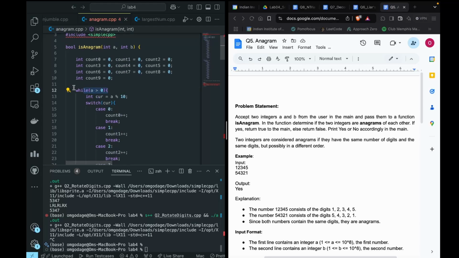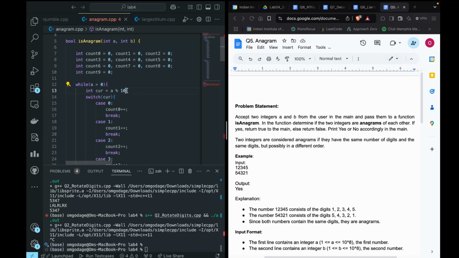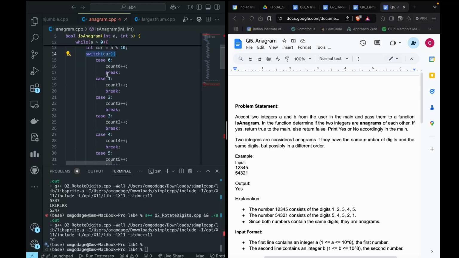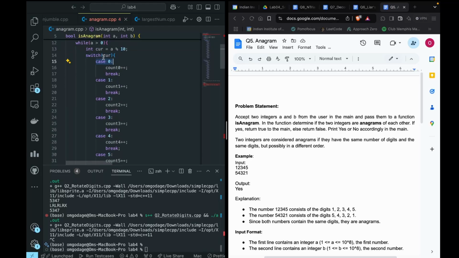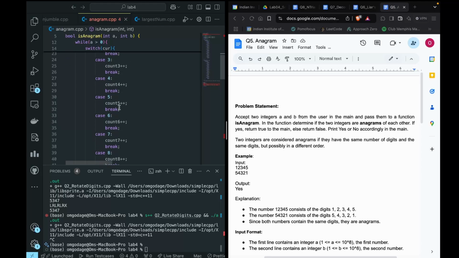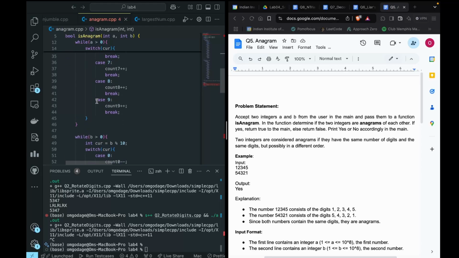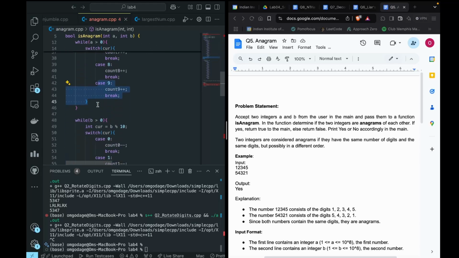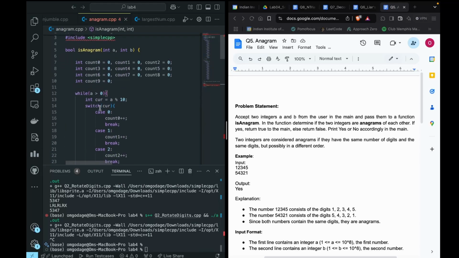You will write a while loop. While a is greater than 0, you will extract a digit by doing a % 10, then you write a switch case on cur. If case 0, which means cur was 0, then you do count 0 plus plus, otherwise you do count 1 plus plus, count 2 plus plus, and so on. Did I forget to add this? You'll have to do a divided by 10 over here, my bad.